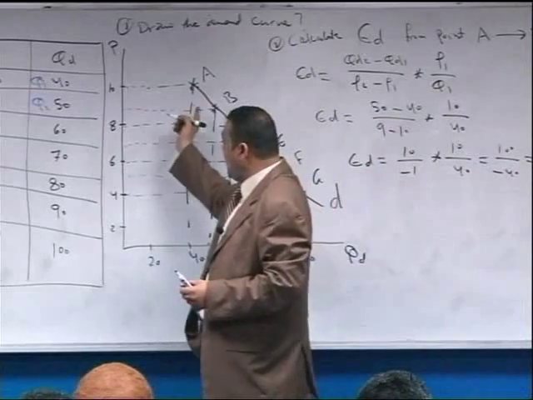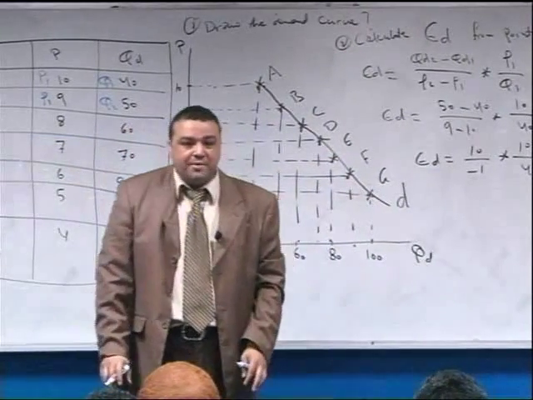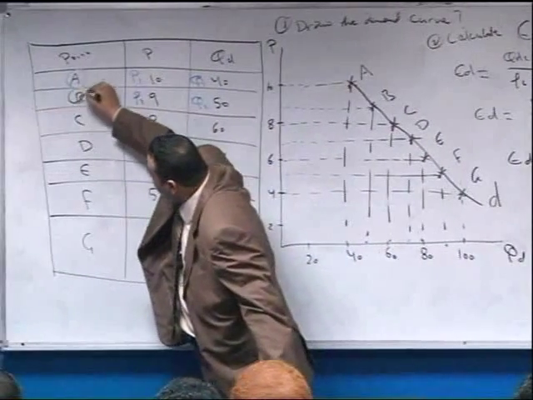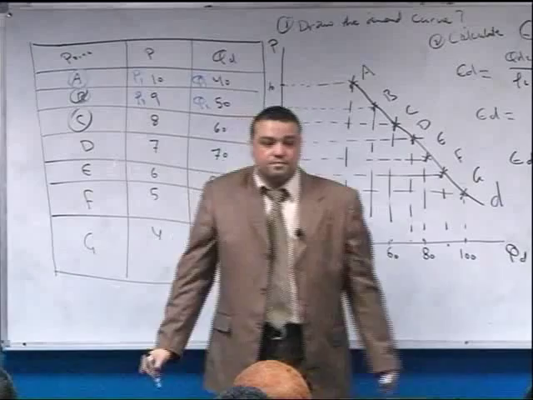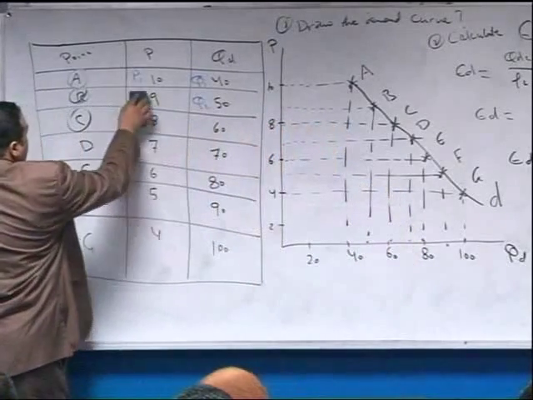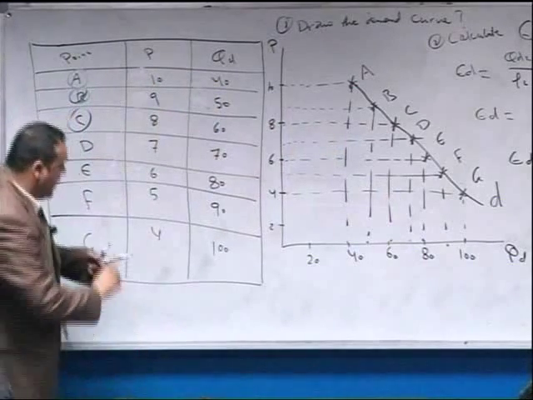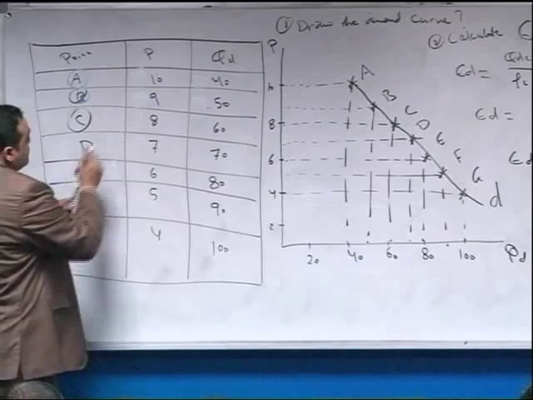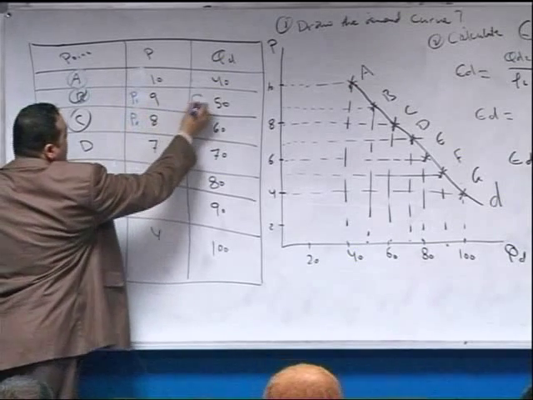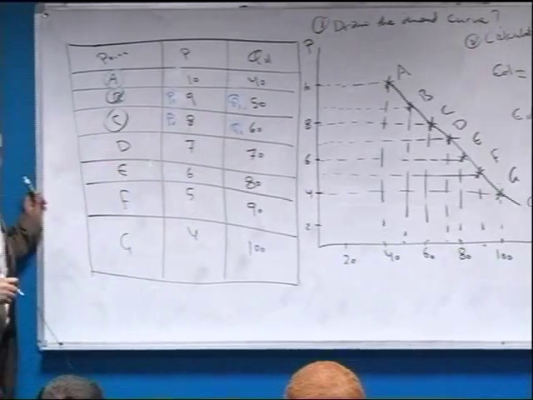So let's calculate the price elasticity of demand between B and C. From B to C, it would be price 1, P2, Q1, Q2. The same logic, the same idea.